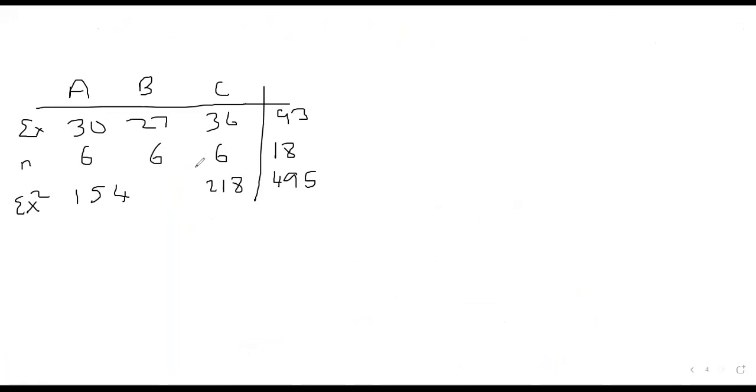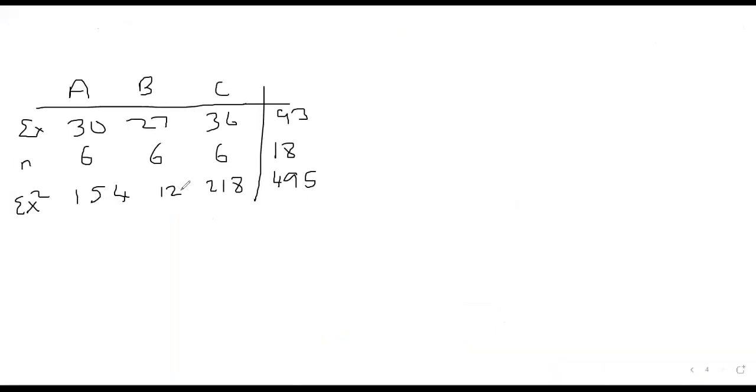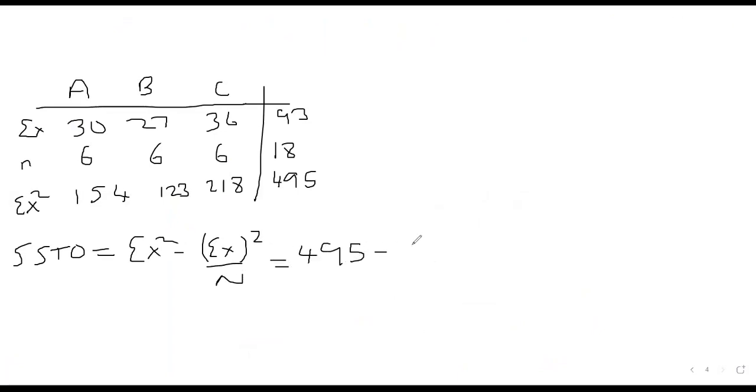666. Now these numbers down here may not be really important. So this one here, can somebody remind me, how do you find the sum of square total? Quickly. Summation of x squared minus summation of x to the power 2 over n. So this is 495 minus what? 93 to the power 2 over 18.